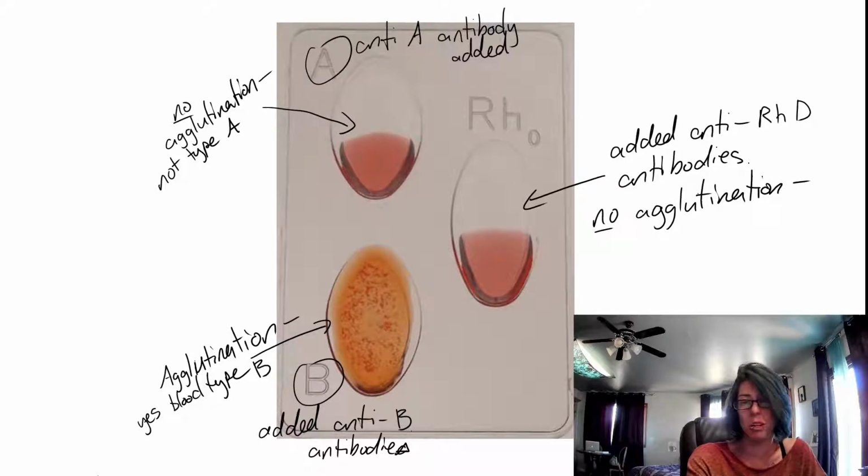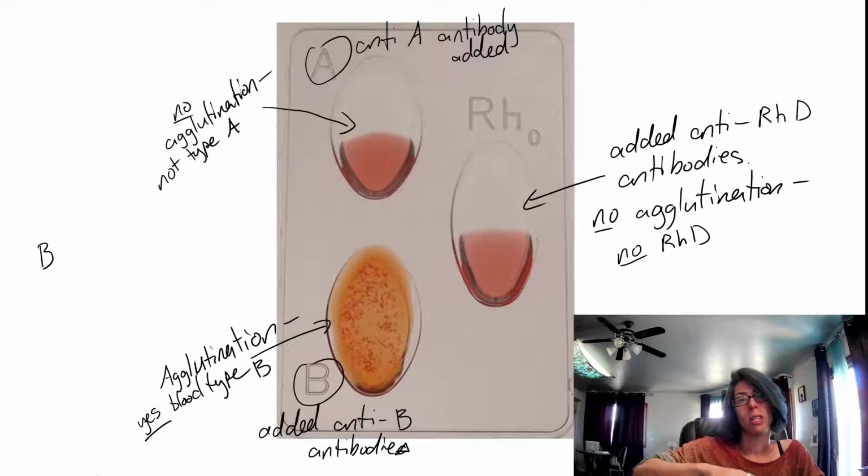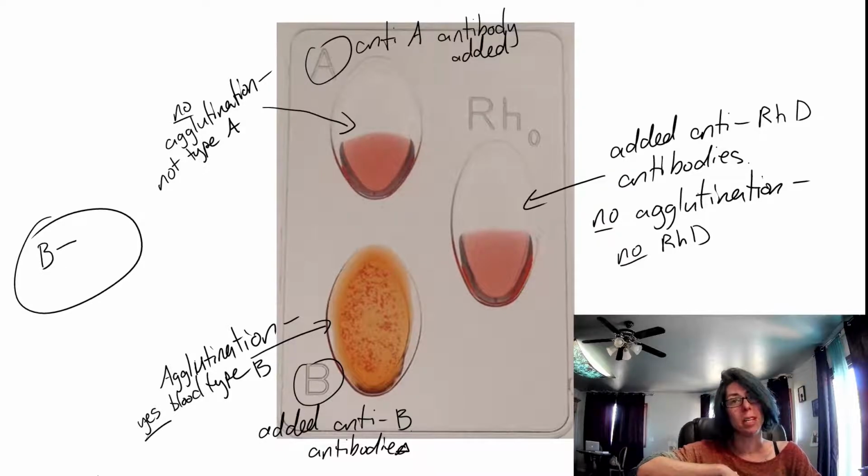That means that there's no RHD there for them to attack. So what is this blood type? We have no to blood type A, yes to blood type B. So for the ABO blood group, we got blood type B. And we have no agglutination, no RHD, so we're negative for the RHD. So this person's blood type is B negative.